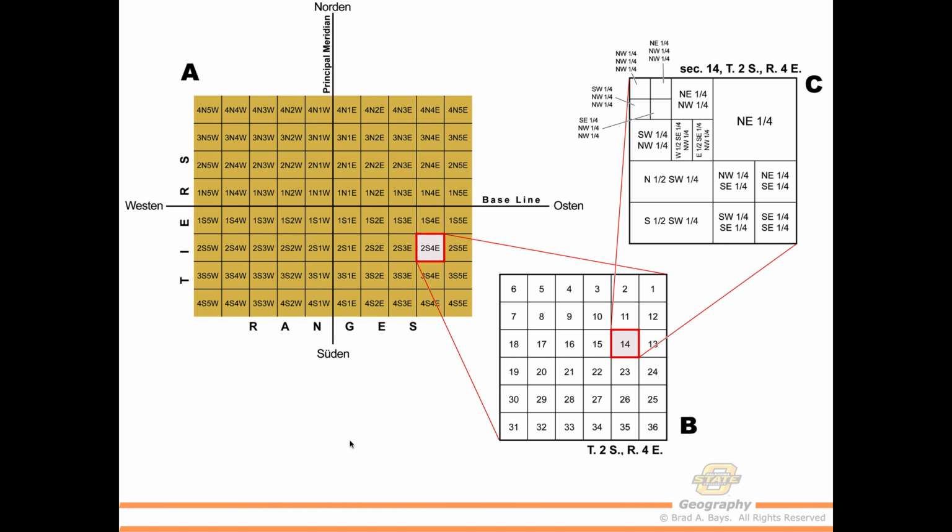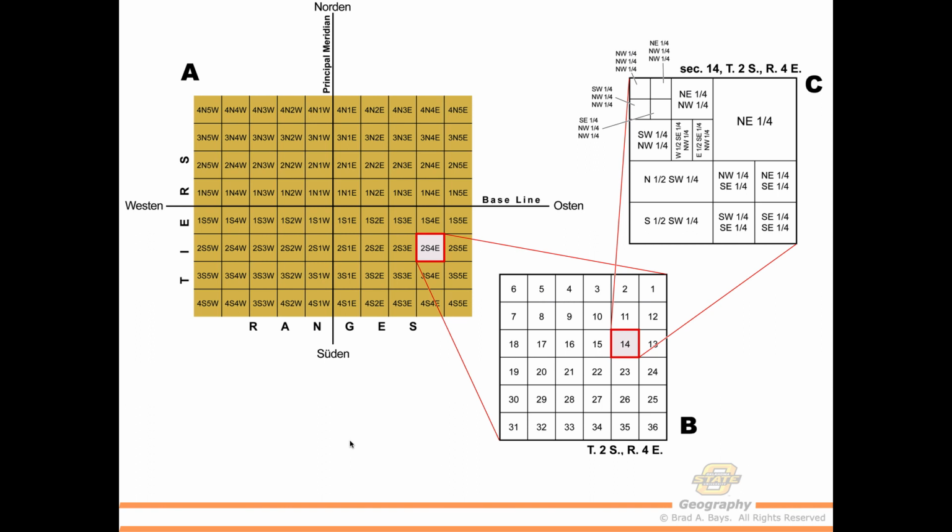So let's talk about what these numbers and letters indicate. Each one of these is a township, a 6 by 6 mile township, and this goes for not just Oklahoma but all the states.